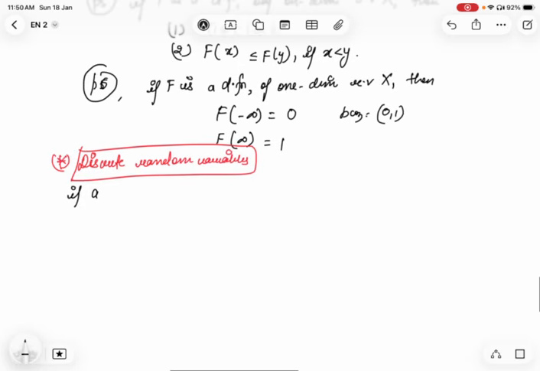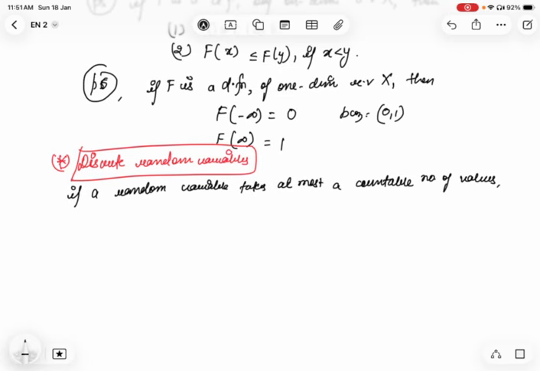If a random variable takes at most a countable number of values, it is called a discrete random variable.